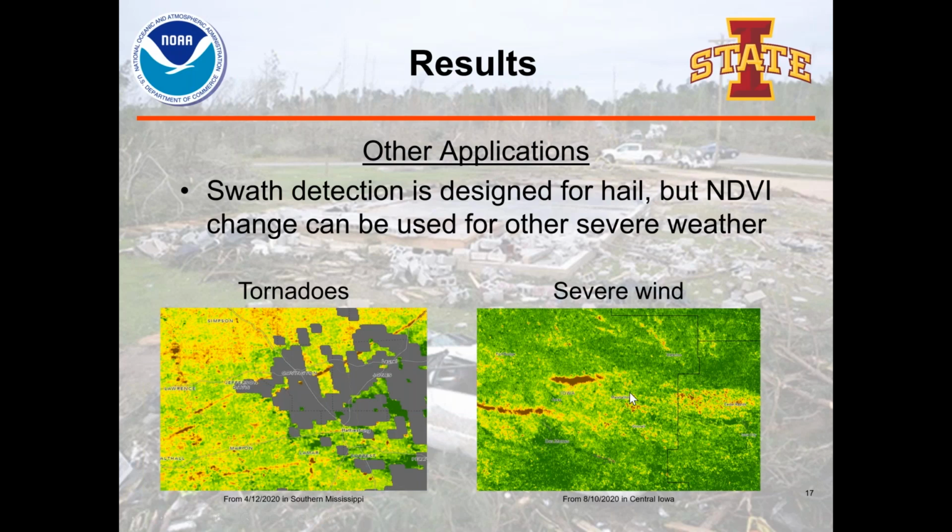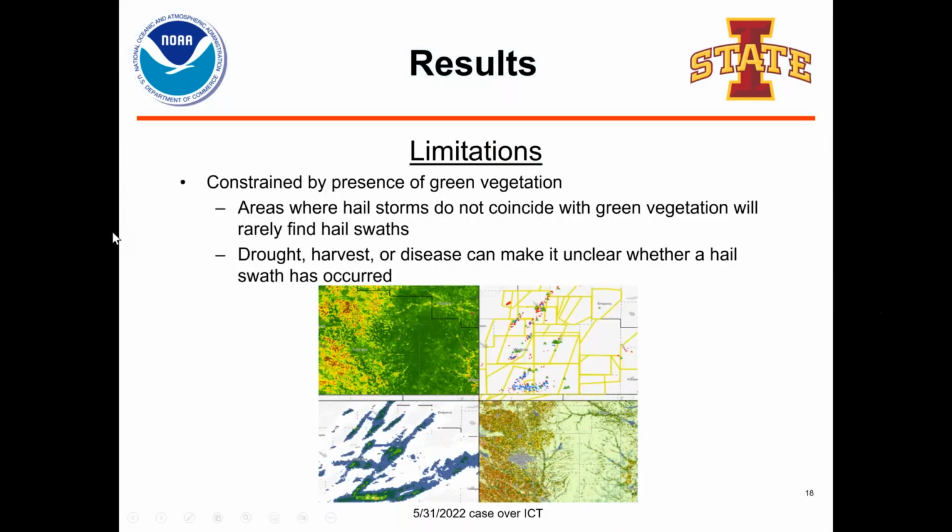Then you have some more clear swaths showing up northeast of Ames and southwest of Ames, where there may have been some hail mixed in with all of that severe wind, and so that ends up showing up more clearly. So there are other uses for it as well.